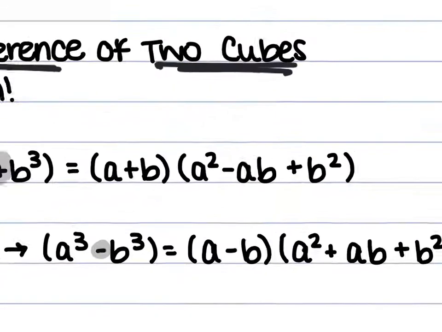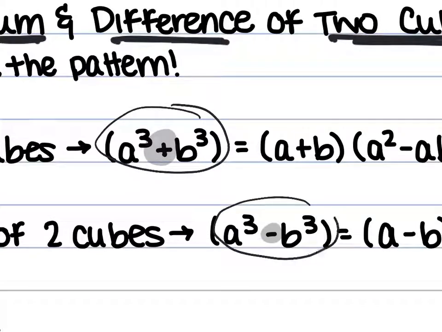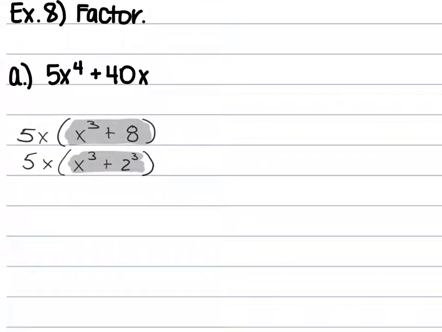So check it out. There's only 2 scenarios that we're going to run into: a cube plus a cube, or a cube minus a cube. The way this is going to factor is, we need to figure out what A is, and what B is. That is the biggest thing. So we're looking at just that gray area: x to the third power plus 2 to the third power.